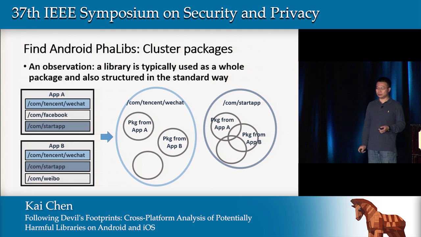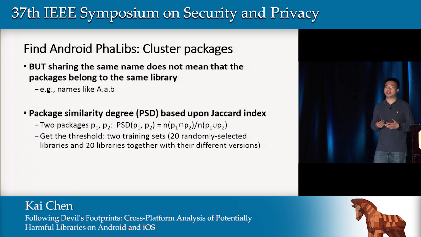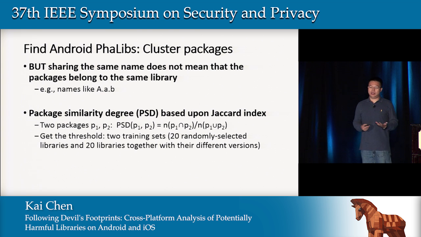We try to collect Android apps and do this clustering. We found a library is typically used as a whole package and also structured in a standard way. So we use the name and put all the packages having the same name together into a group. But sharing the same name does not mean that the packages belong to the same library.